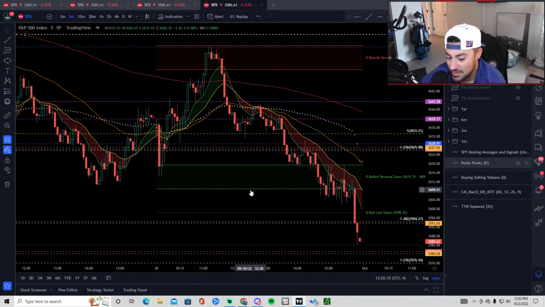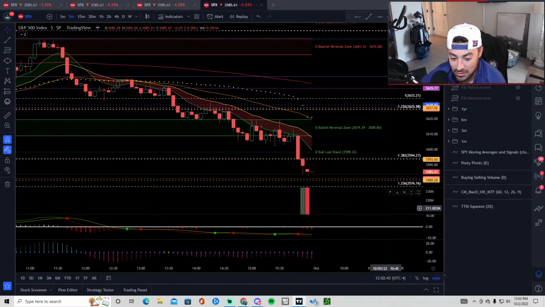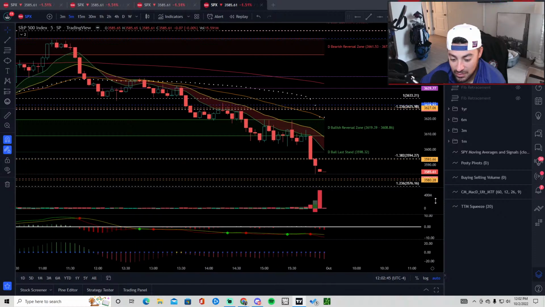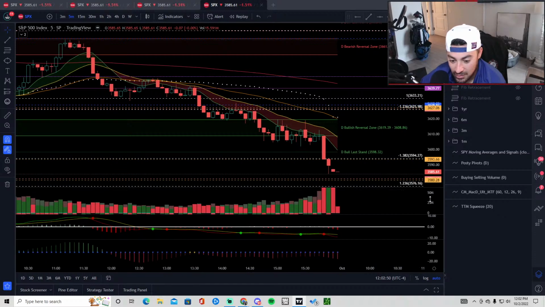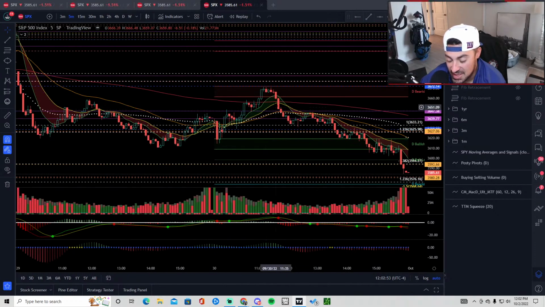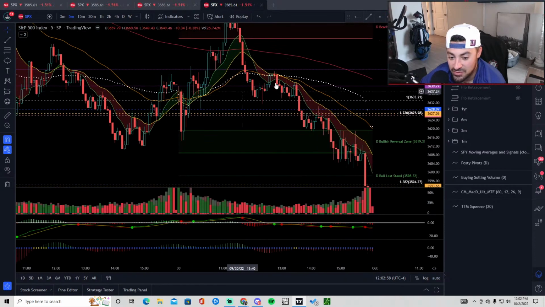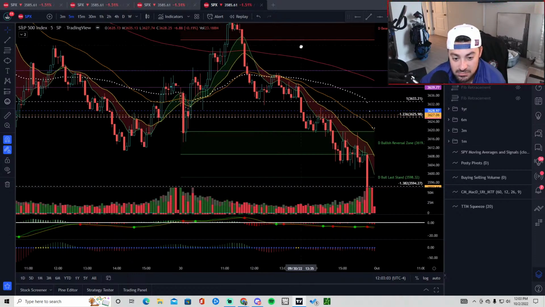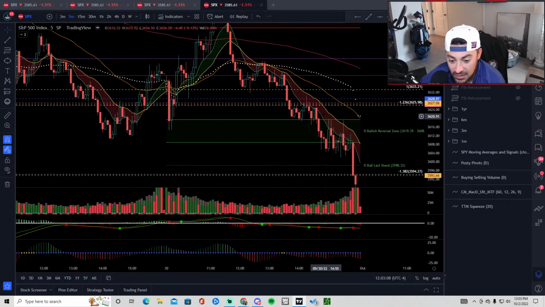Now it's a lot, but you're also seeing different levels. So I'm only playing off of a few different levels here. I would have played off of this, I would have played off of this, and off of that right there.